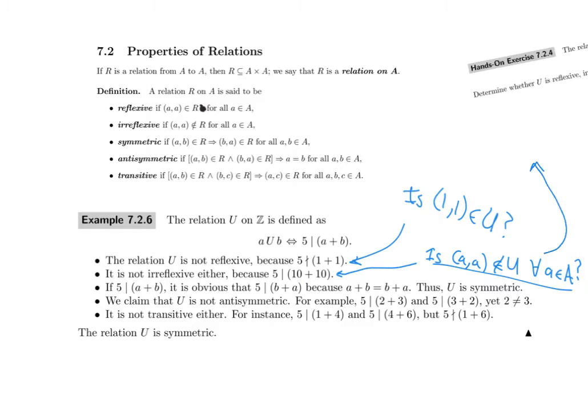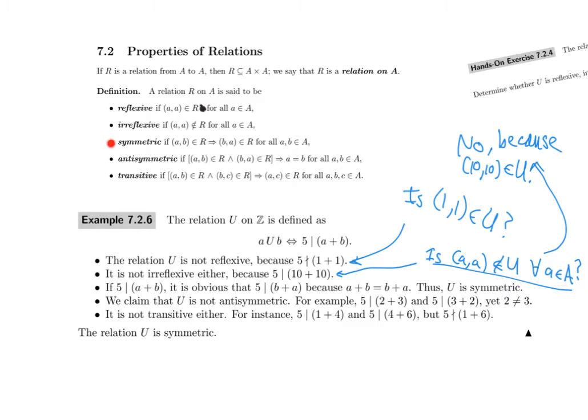So the answer to this one is no, because (10, 10) is in the relation. Because 5 divides 20. 20 is 10 plus 10.